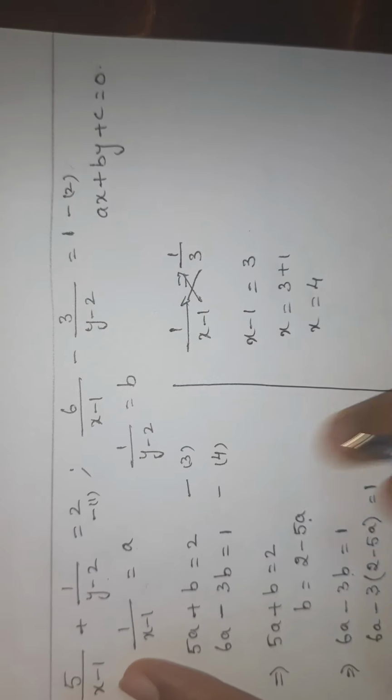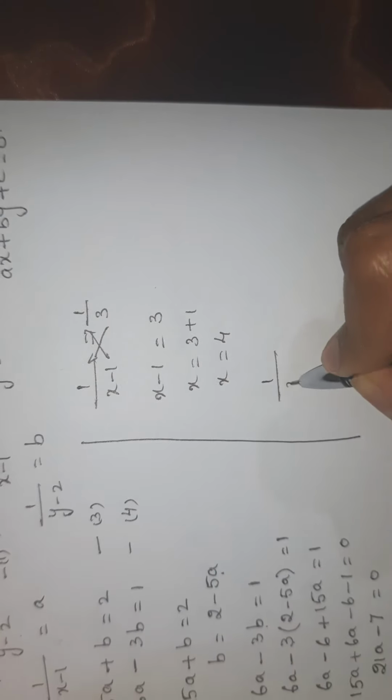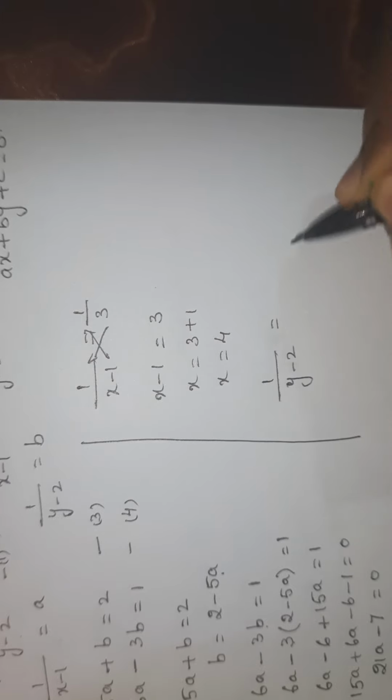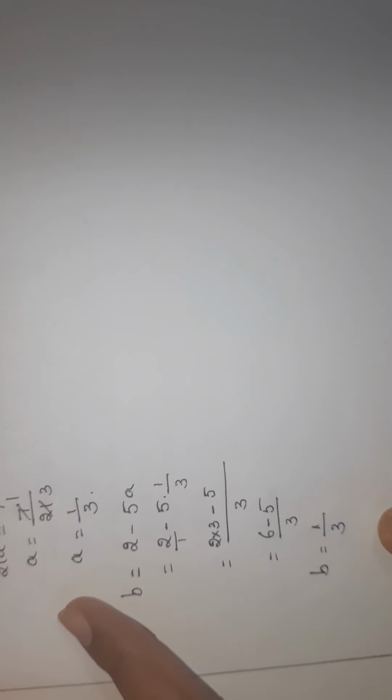Next, if we want to get y, then we have to substitute the b value. Now 1 by y minus 2 is equal to b, which we found as 1 by 3.